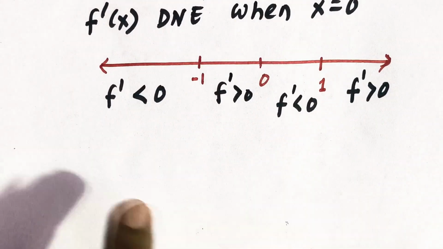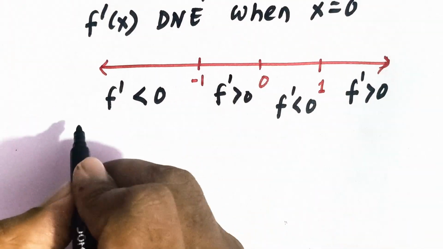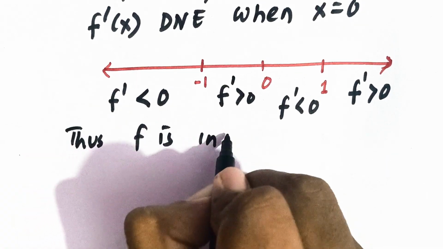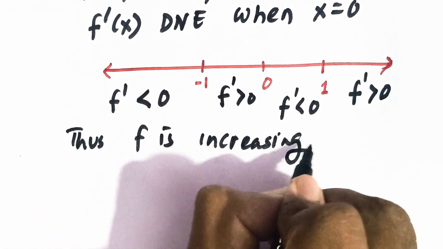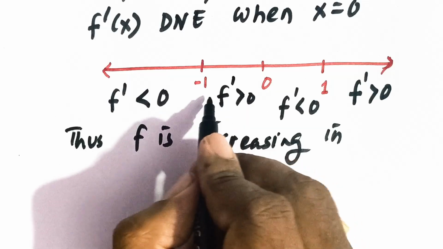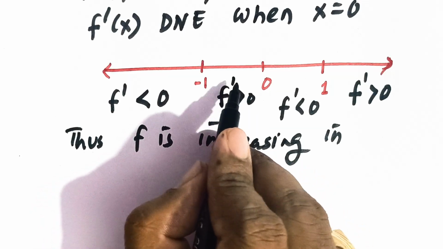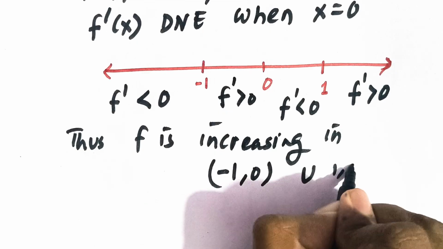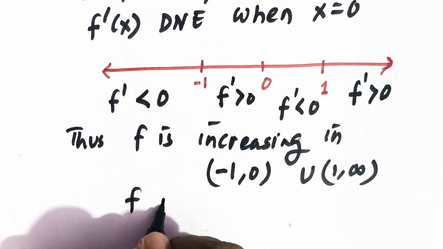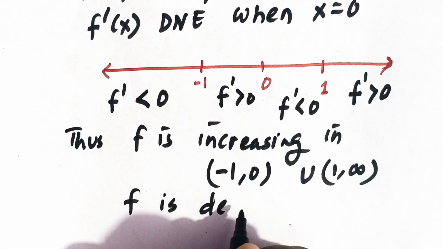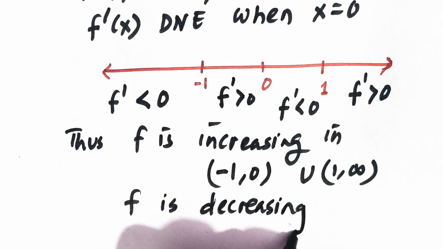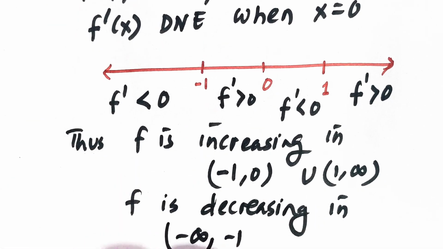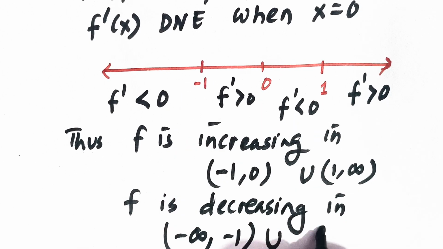Thus f is increasing where f dash is positive, in this interval and in this interval: minus 1 to 0 union 1 to infinity. And f is decreasing in minus infinity to minus 1, where f dash is negative, union 0 to 1.